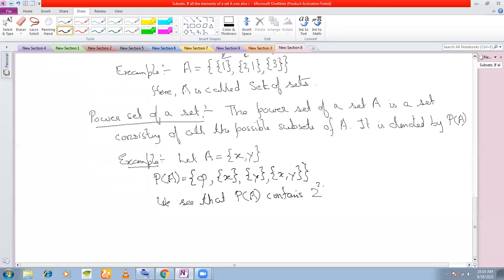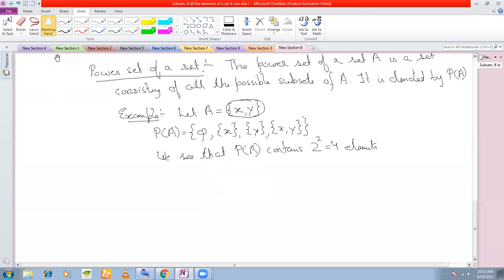It contains 2 squared elements, 4. Why did I write 2 squared? Because A has 2 elements. Okay, so this is called the power set of A. If I give you a set, it will be very easy for you to write down the power set of that set. Further examples we'll see in the exercises.